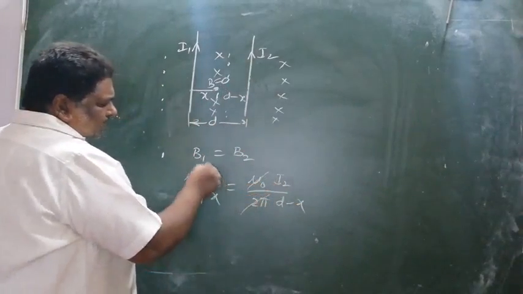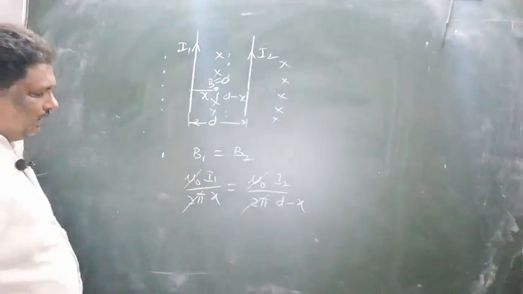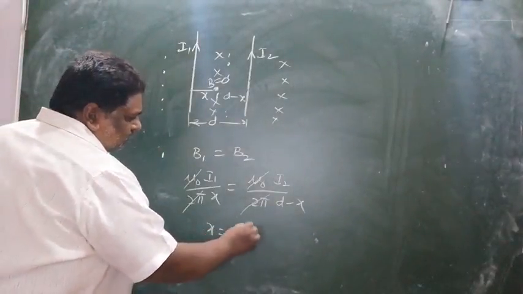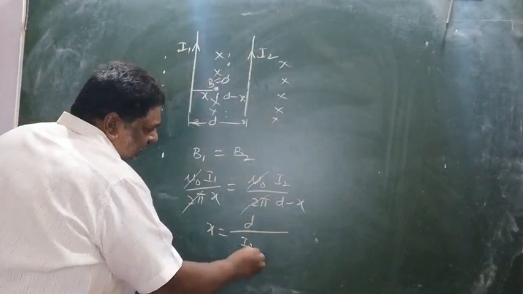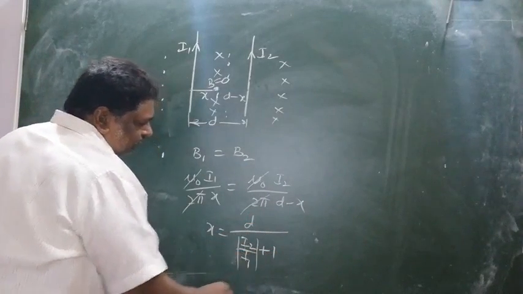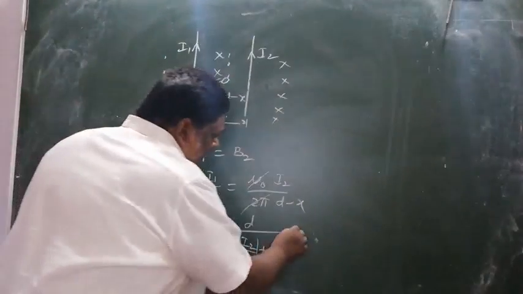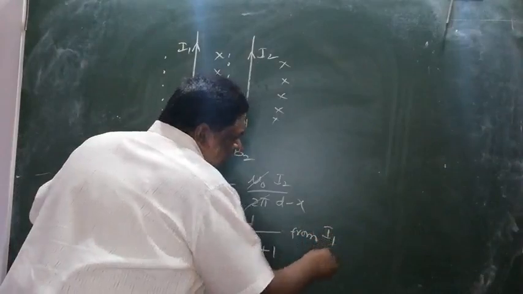Mu naught by 2 pi cancels on both sides. Cross multiplying, you will get x is equal to D by (I2 by I1 plus 1). It is the distance from I1.